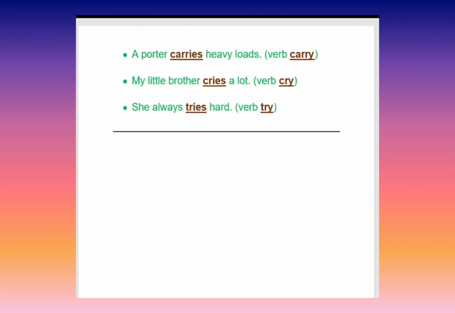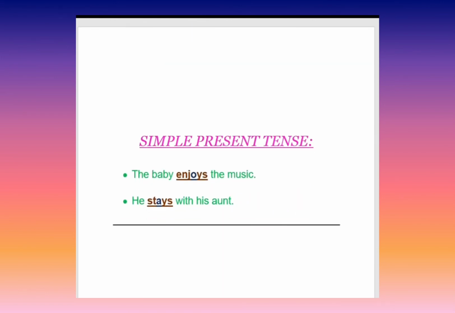Now, children, note that for some verbs that end in y but have a vowel before it, we just add an s when we use them with he, she, and it. For example, the baby enjoys the music. Then he stays with his aunt.